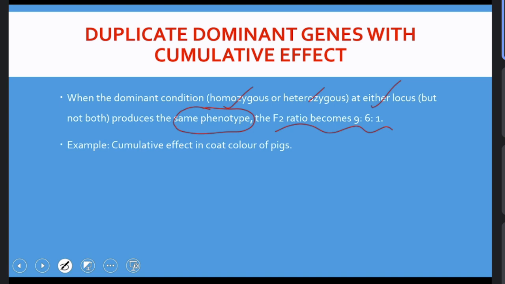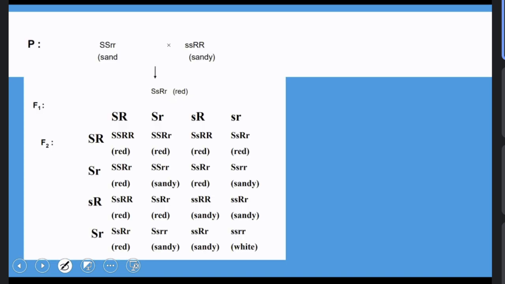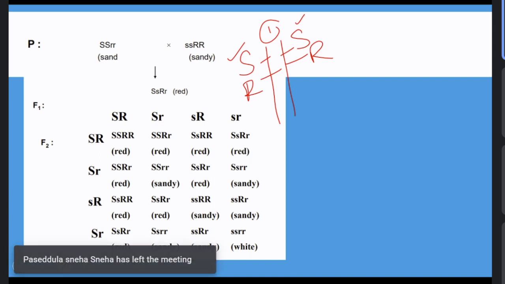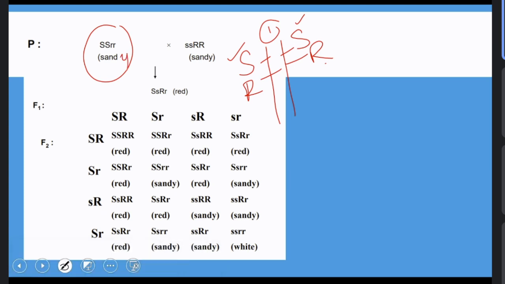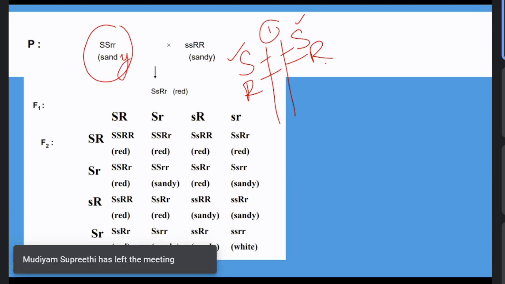And the example is coat color in pigs. Let's see the coat color. Here, the coat color is said to be determined by two genes present on two different loci. One is capital S, the other is capital R. When the first locus is dominant and the second locus is recessive, the coat color is somewhat like the color of sand, so it is called sandy color.